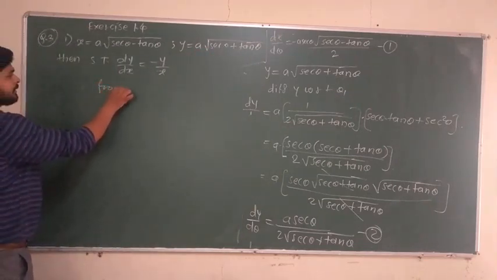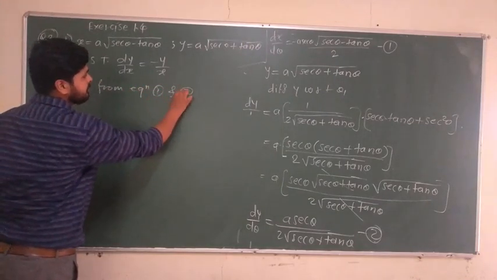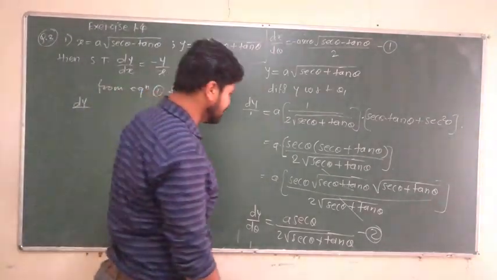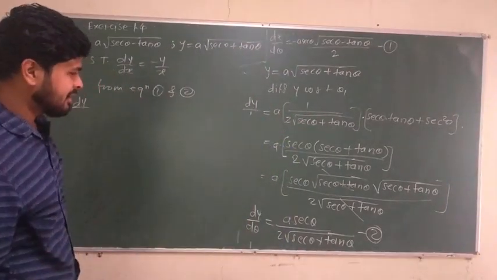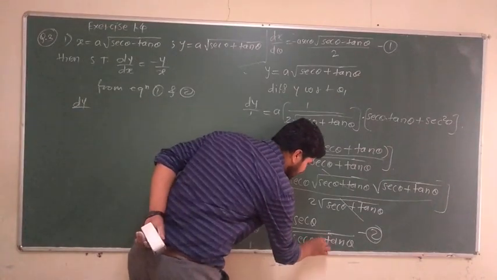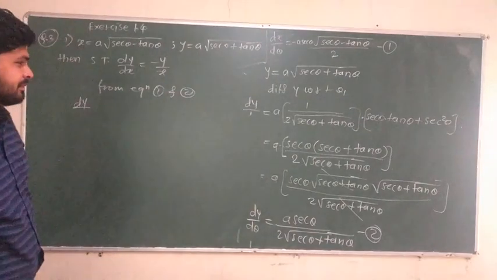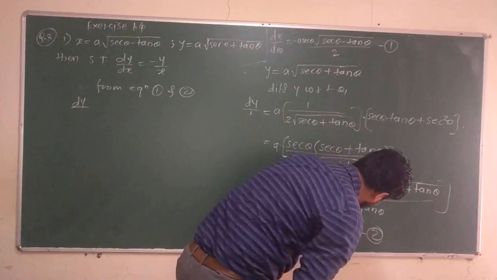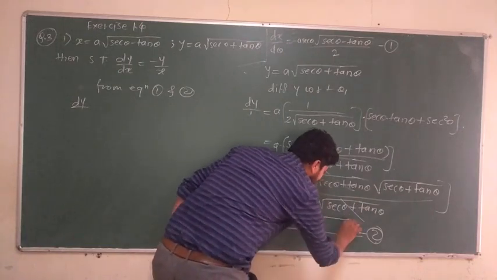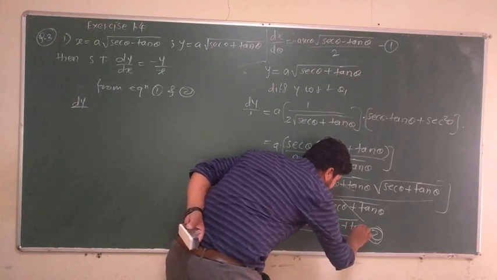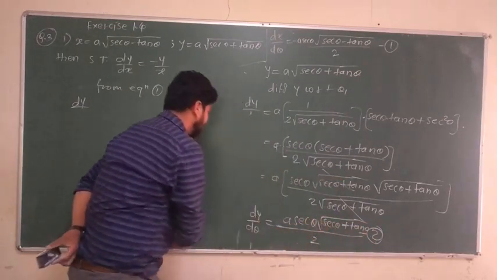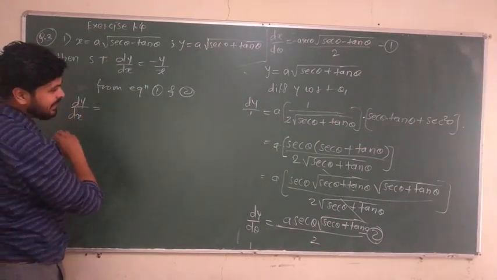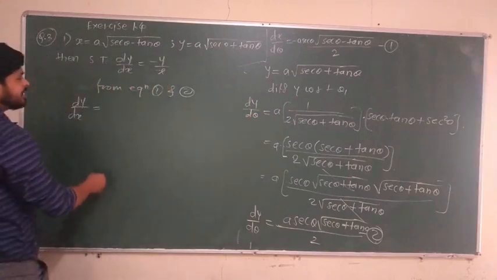So from equations 1 and 2, dy by dx is equal to dy by d theta upon dx by d theta.